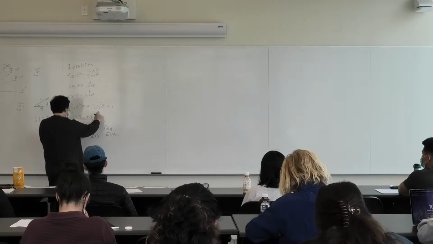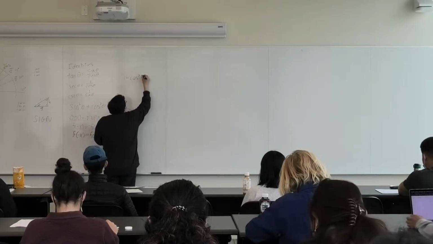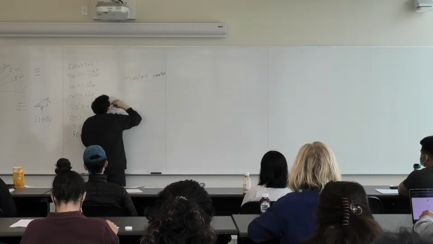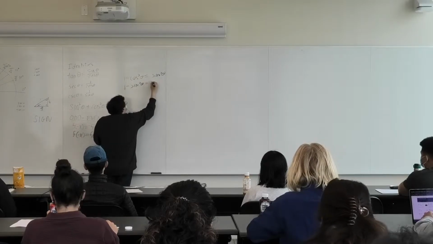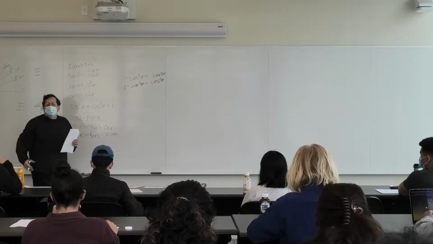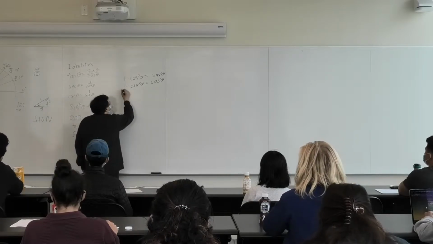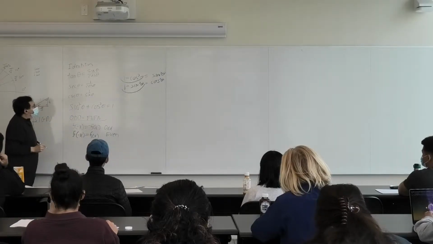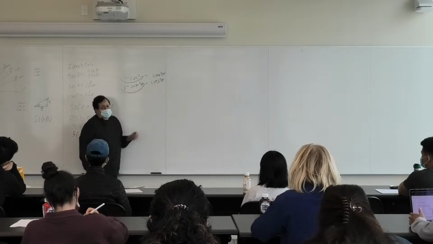I can very simply manipulate this as 1 minus cosine squared theta equals sine squared theta, or alternatively 1 minus sine squared theta equals cosine squared theta. And the utility of this is when you're trying to simplify something or manipulate it, you might run into these expressions, and if you recognize these, immediately you can simplify it.